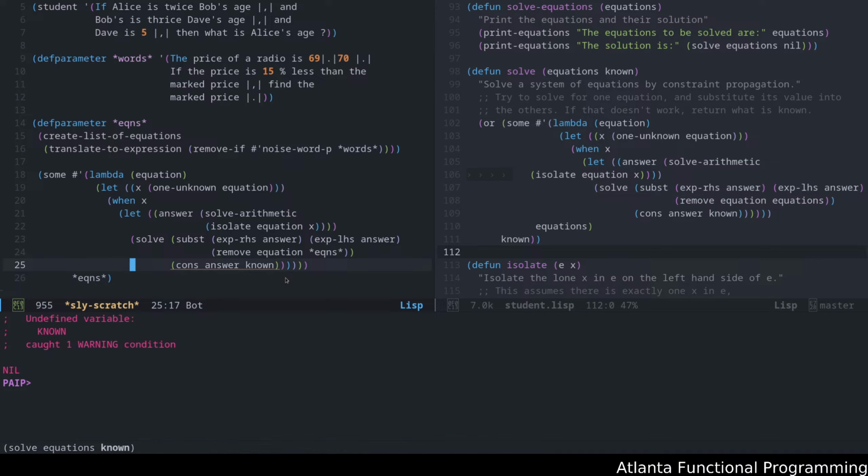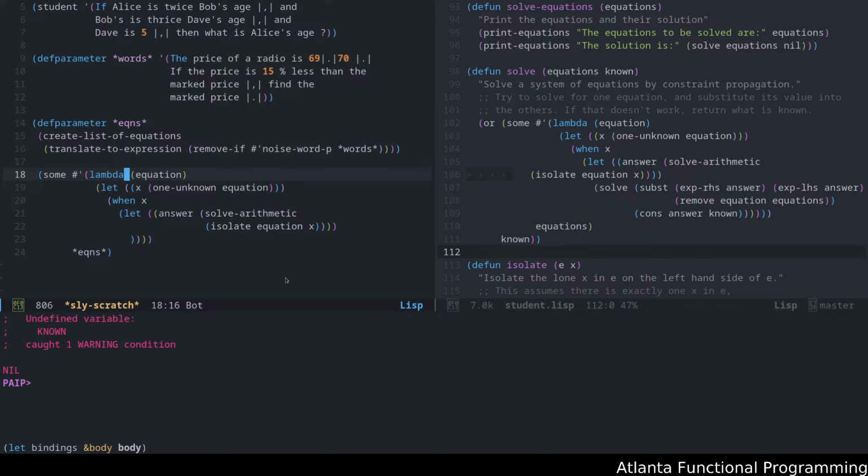We don't need to solve the equation necessarily. What we want to first check out is solve the arithmetic. So let's get rid of this entire thing. Okay.